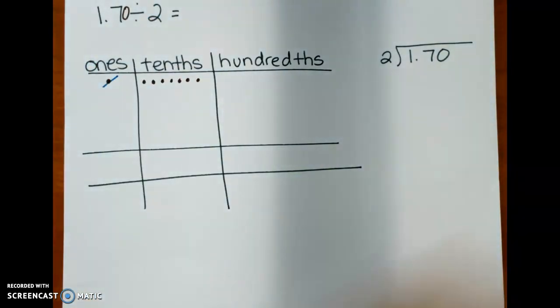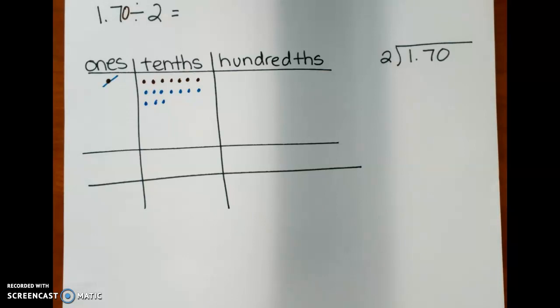So I'm going to now take my 1 and break it into 10 tenths. So now I have 17/10, and I can break those into 2 groups.